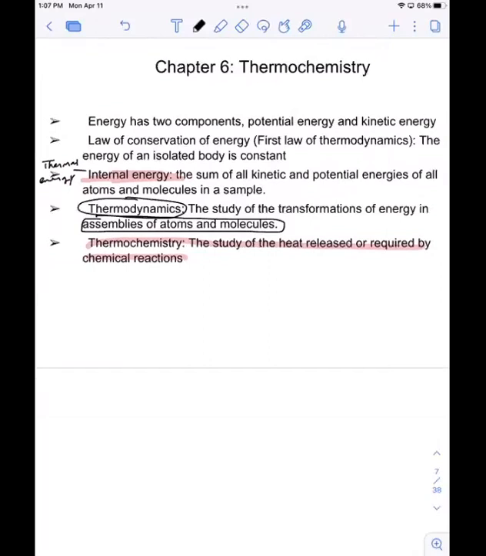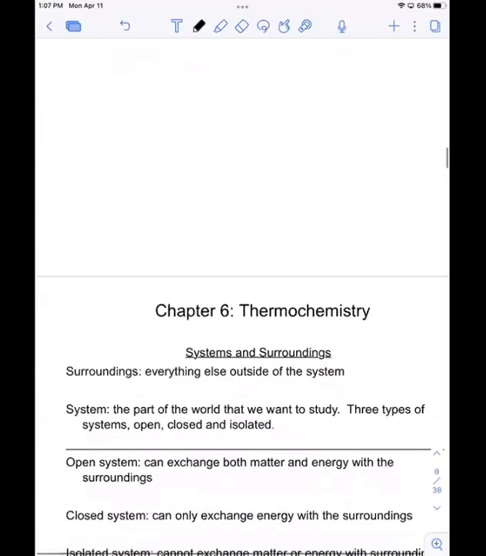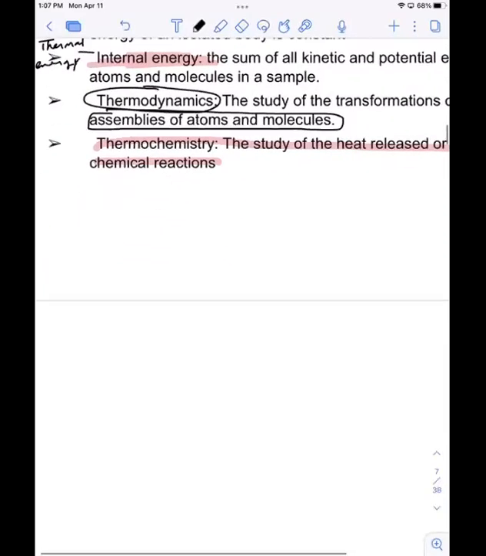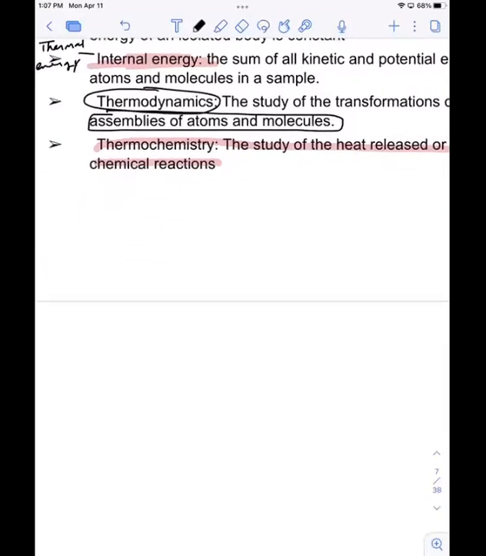And one of the ways you study that is to study what we call the energy diagram or the reaction profile. So with thermodynamics, let me just give you an example here.